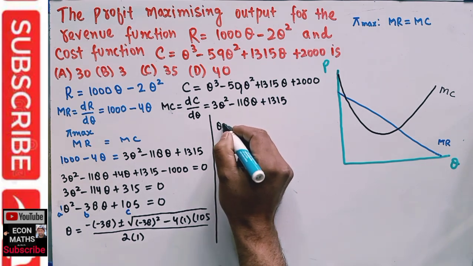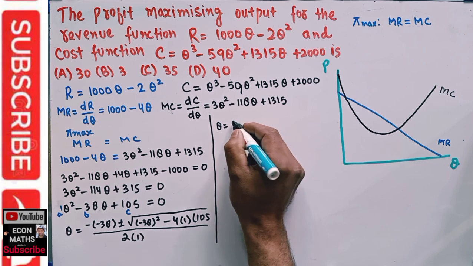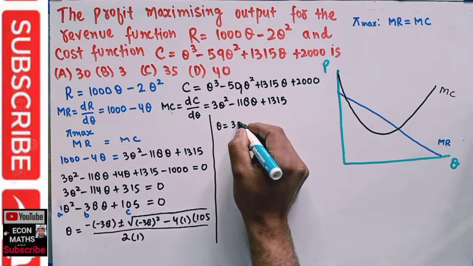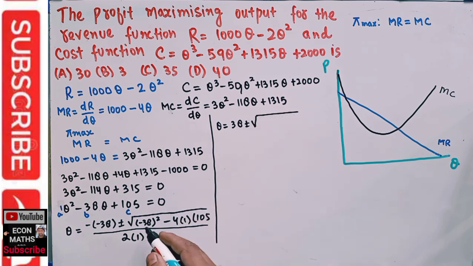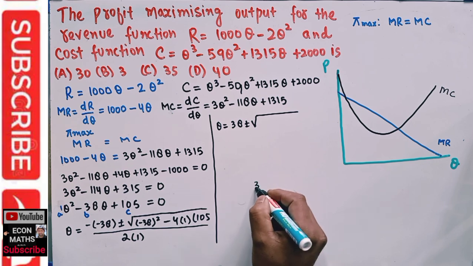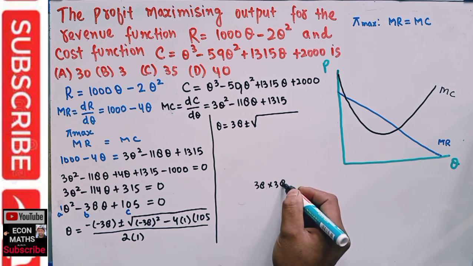That implies Q will be equal to 38, since minus into minus is plus, plus minus the square root of 38². The square of a negative number is always positive, so we have 38 into 38.